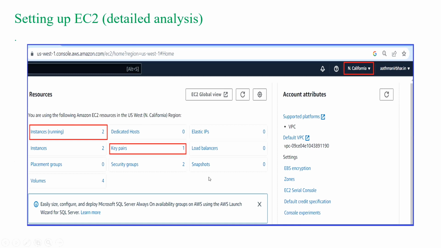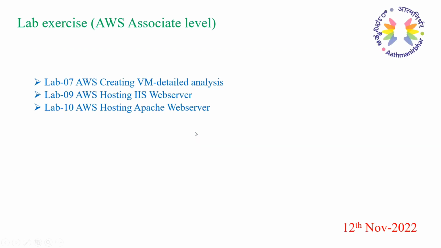The same virtual machine we are creating, but this time we will go in depth, in detail. We will touch upon each and every topic required for today's lab. We are performing two lab exercises. One will be for a Windows-based virtual machine, and another one is a Linux-based virtual machine. Okay, so this is what we are going to perform.